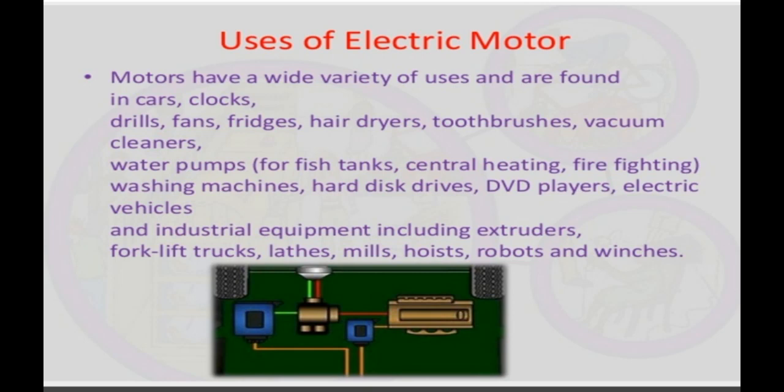They are found in cars, clocks, drills, fans, fridges, hair dryers, toothbrushes, vacuum cleaners, water pumps for fish tanks, central heating, firefighting equipment, washing machines, hard disk drives, DVD players, electric vehicles, and industrial equipment including extruders, forklift trucks, lathes, mills, hoists, robots, and winches. So these are some of the uses of electric motor.